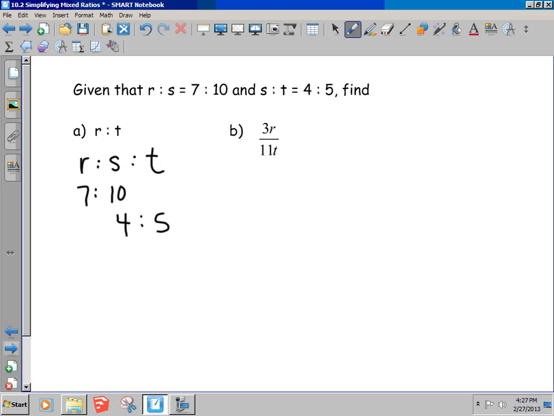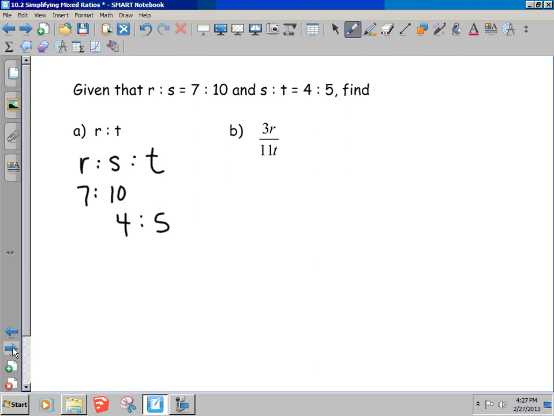Well, S is split into two different parts in these ratios, so we have to get equal parts. So I have to ask myself what's a common multiple of 10 and 4, and that will help me get my equivalent ratios. The lowest common multiple of 10 and 4 is 20.